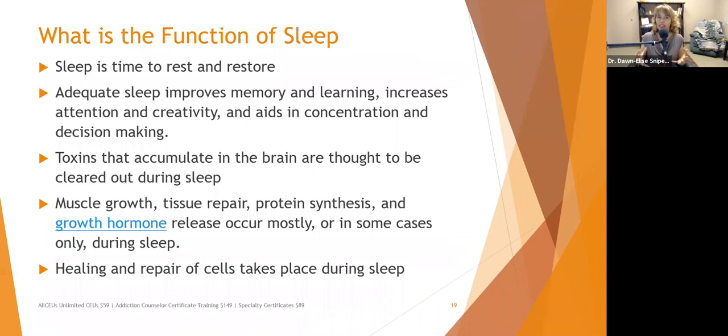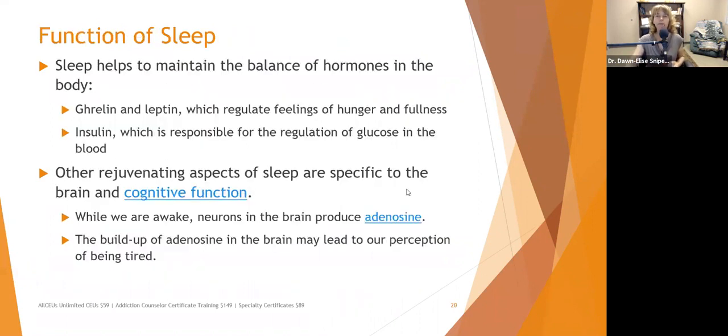So protein synthesis is taking those proteins and turning them into the neurotransmitters. If this happens mostly during sleep and you're not sleeping, guess what? You're probably going to have some hormone imbalances. Sleep helps to maintain the balance of hormones in the body.